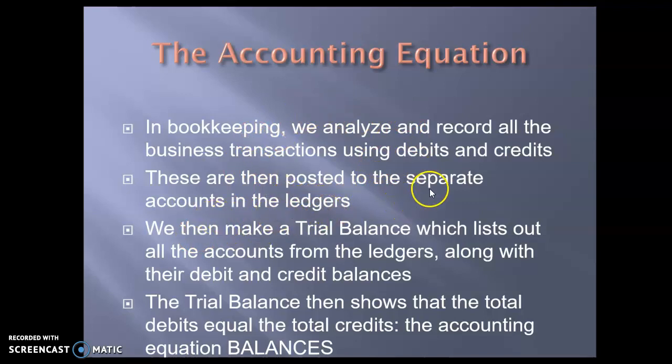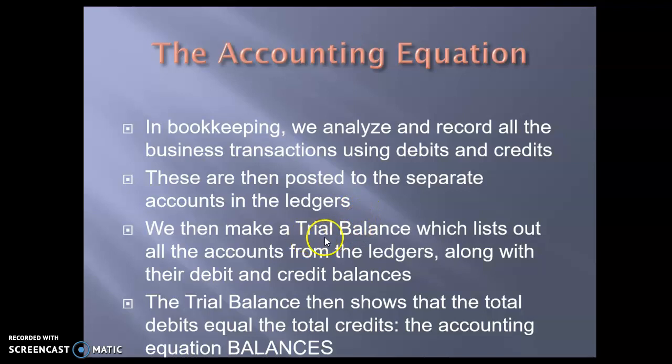So there's a separate account in the ledger for every single account in the chart of accounts, showing its balance. Okay? And so if I add up all the debit balances in the ledger and all the credit balances in the ledger, that will show me whether my accounting equation balances.